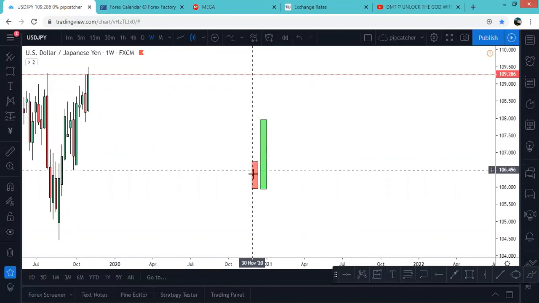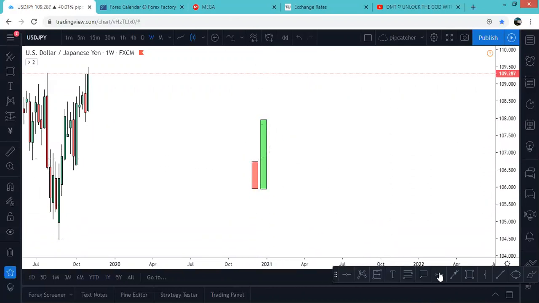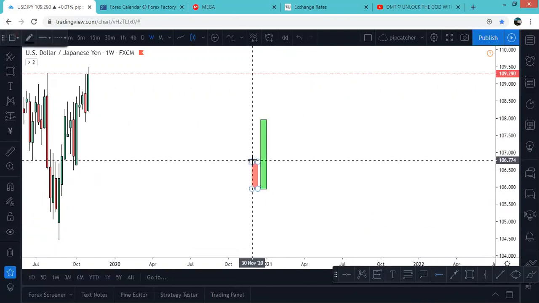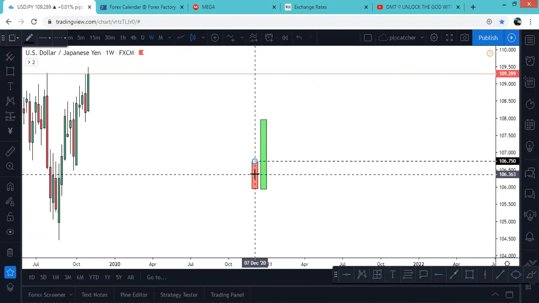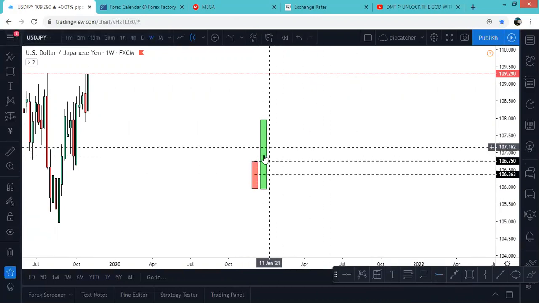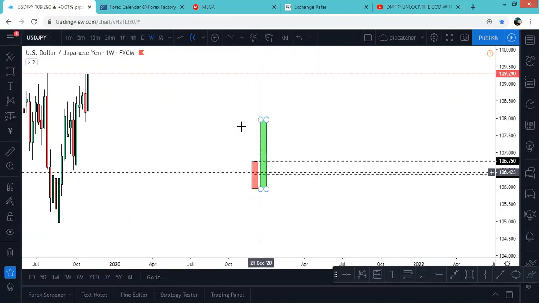This last down candle got engulfed by this bullish candle. So what we would want or expect our point of interest to be would be that opening or the 50% of that last down candle before this up move.